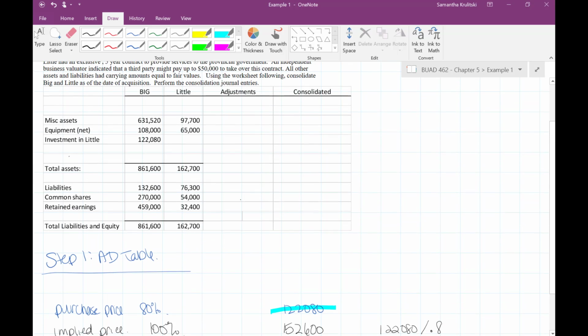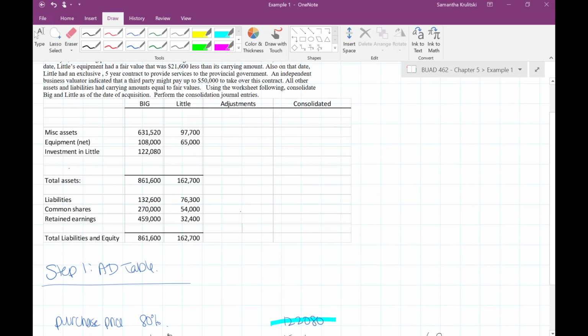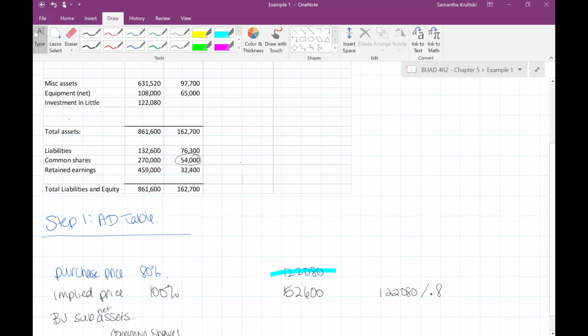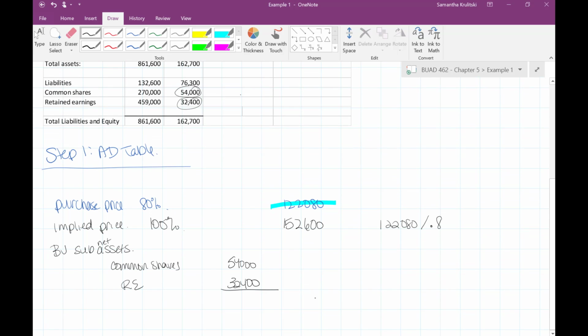If we scroll up here, we can see that our common shares of Little are 54,000 and our retained earnings are 32,400. Together that is 86,400. We're going to highlight the common shares value and retained earnings value in blue because again, we know that this is an adjustment on our balance sheet.